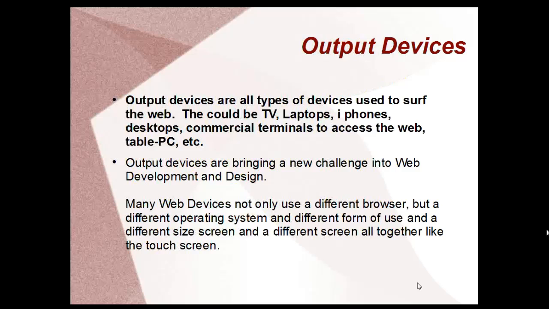I remember there was a big war between Netscape 4.7 and I believe IE 5.1. I don't remember exactly, but there was a big war because IE was giving you nice pages. The style sheets were looking really great.